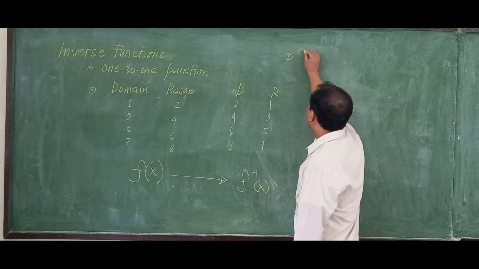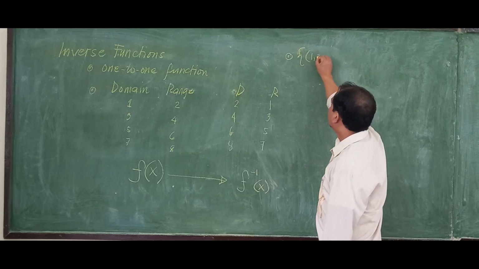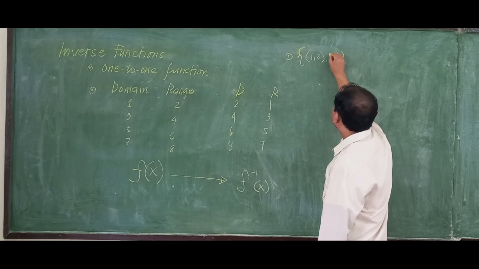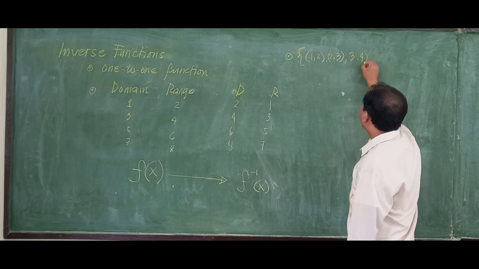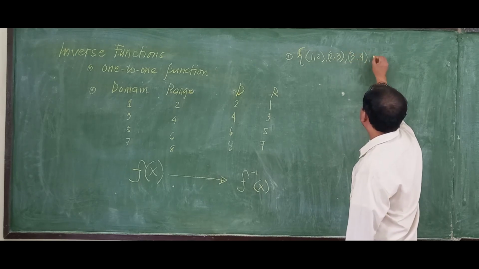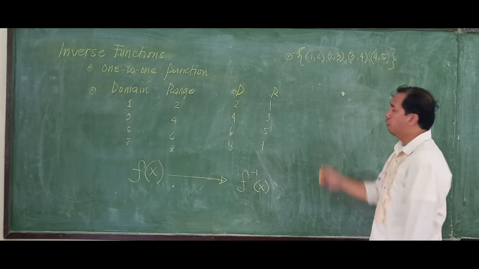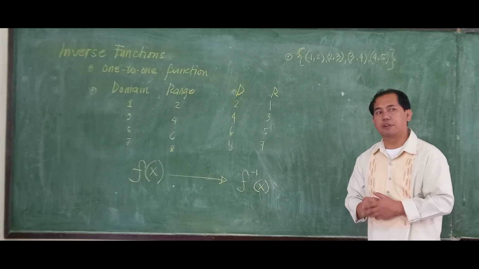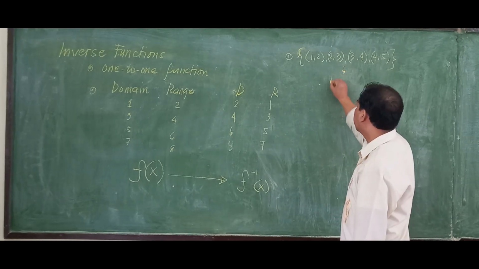Shall we say we have here 1, 2, another point 2, 3, another point 3, 4, another point 4 and 5. That is the set of our function, shall we say the original function. Now what must be its inverse? We just reverse, interchange.